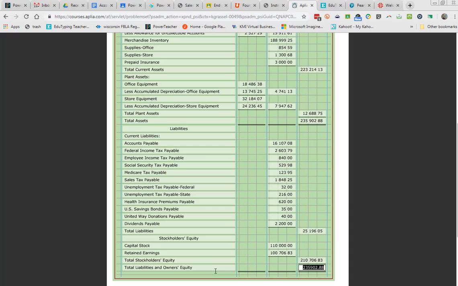Now, Aplia automatically put these lines here because the point of a balance sheet is to prove that our assets equal your liabilities plus your owner's equity. Assets total there in the middle of the page like I talked about, liabilities and owner's equity on the bottom. These two need to equal. A little bit of a pain when they were off.